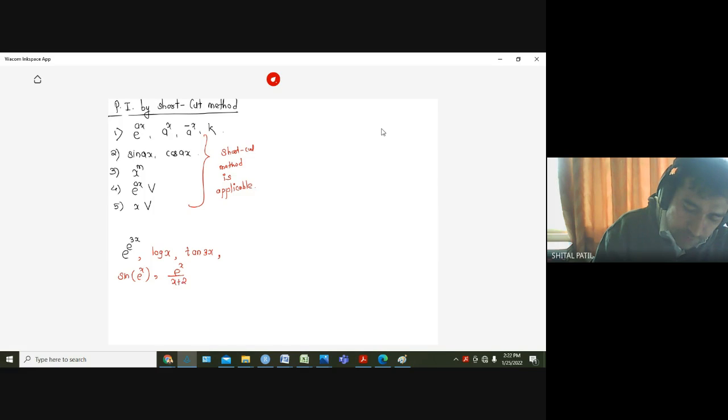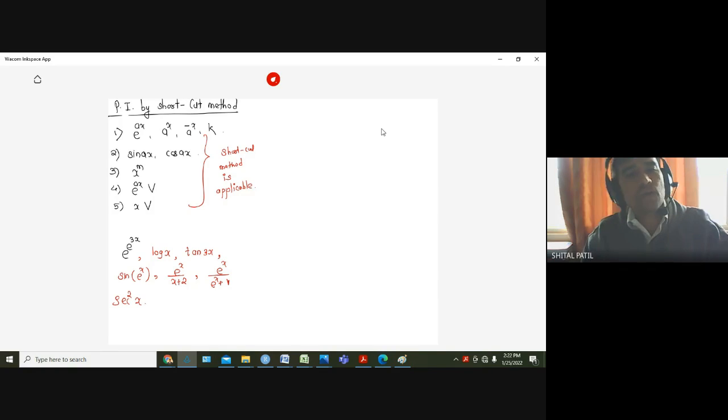Is there any shortcut method formula? No. Suppose we have e raised to x divided by e raised to x plus 1. No. And then there are n number of functions, like sec square x. Shortcut method formulas are not applicable.